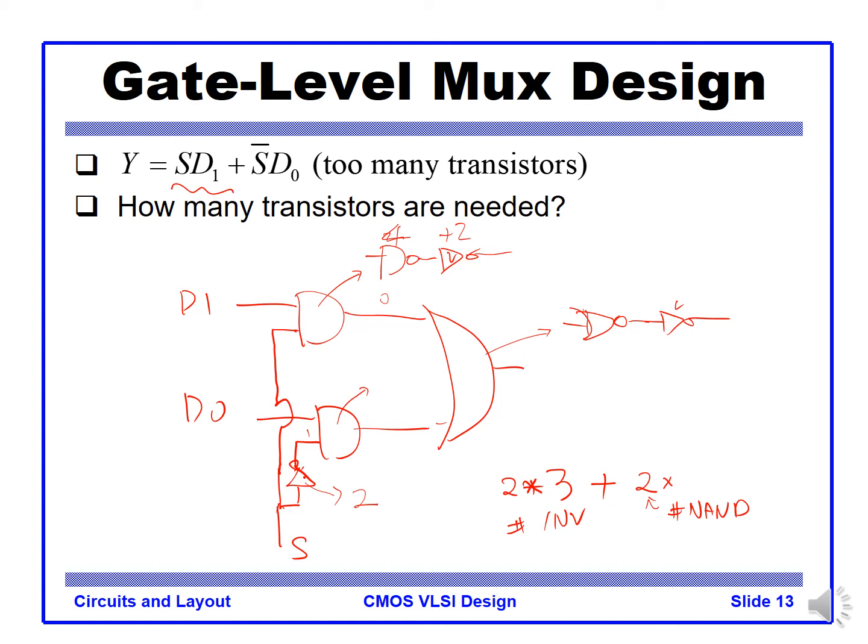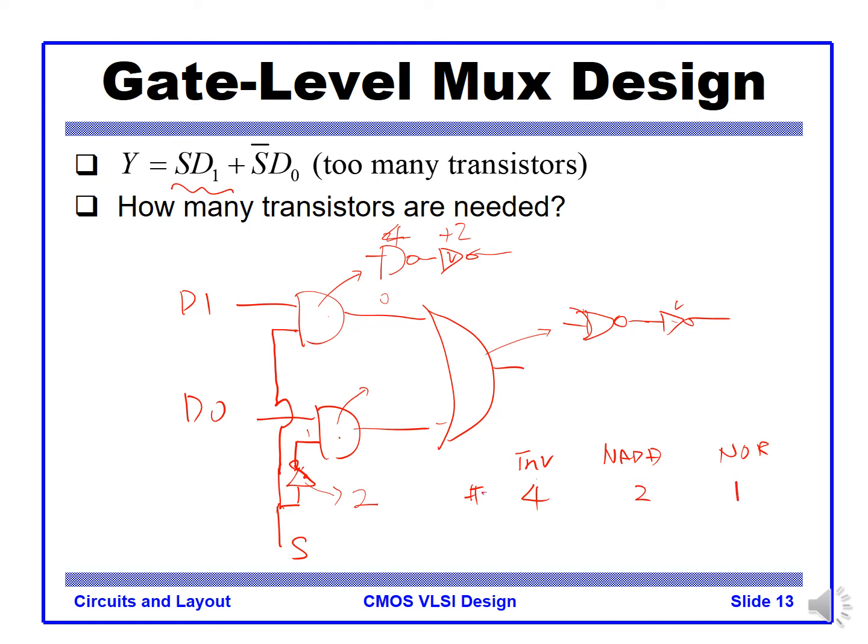I'm sorry, we have to start from the beginning. So how many inverters in total? 1, 2, 3, 4 inverters, right? Now how many NAND gates? We have 2 NAND gates. How many NOR gates? We have 1 NOR gate.